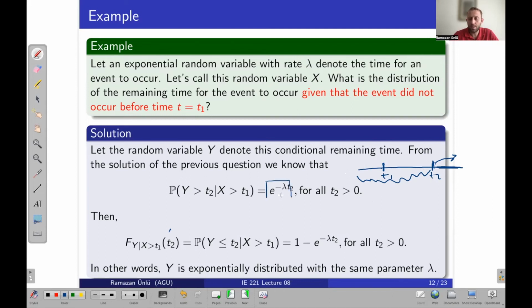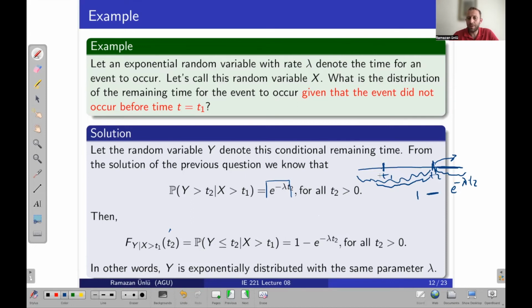e to the minus lambda T2, okay? This part is e to the minus lambda T2. And this whole probability should be 1. And I can say that the remaining part is 1 minus e to the minus lambda T2, right? So, this conditioning event, the past, will not affect the future, right?